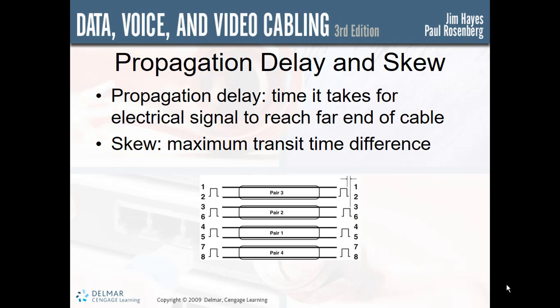This is not a problem with most networks because the signals are carried on only one pair in each direction. However, many of the high-speed networks, 100 meg and higher, are using two or even four pairs in each direction. So if the parallel signals arrive too far apart, data errors will occur.